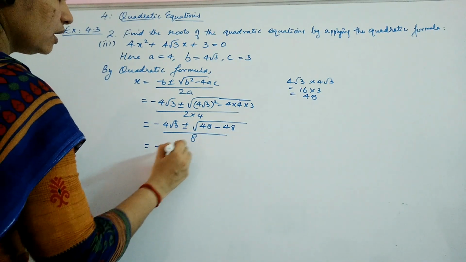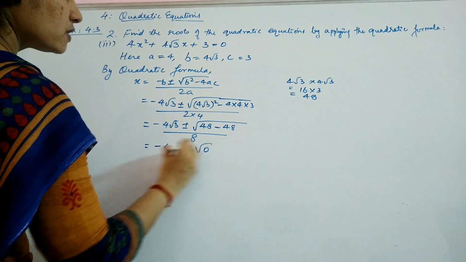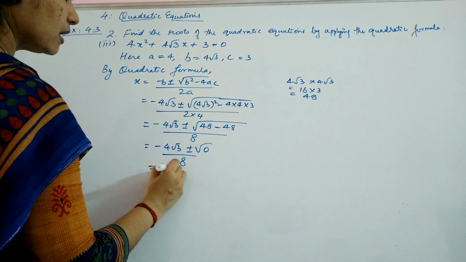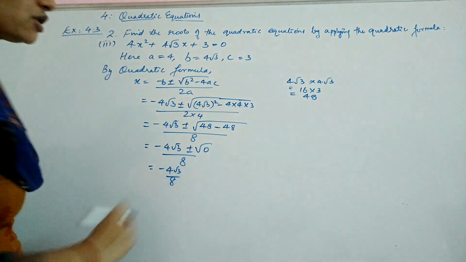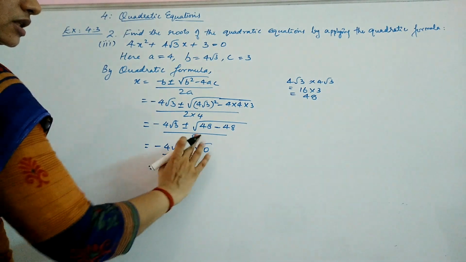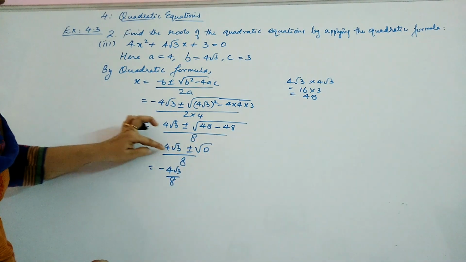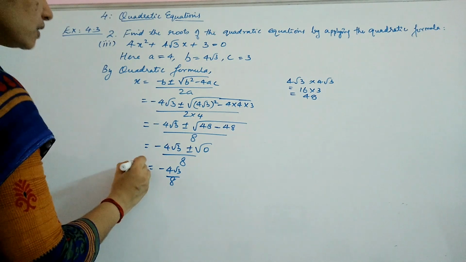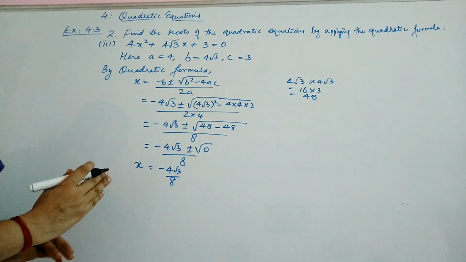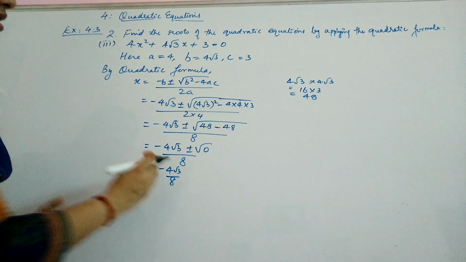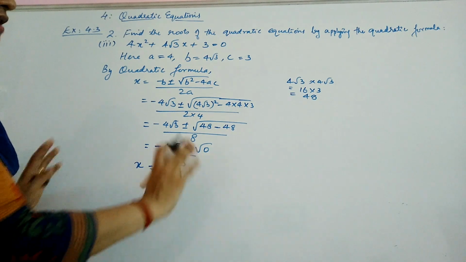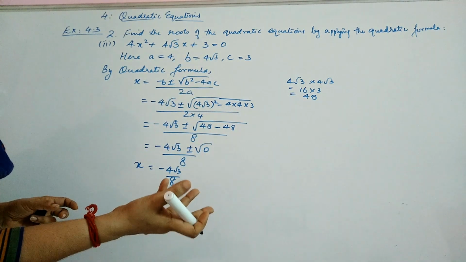Minus 4 root 3 plus or minus root of 0 by 8, that is same as minus 4 root 3 by 8, plus or minus 0 is 0 itself. So this term is going. You are getting only minus 4 root 3 by 8. But the meaning of this is, you are getting a double root. Double root means the same value repeating. As we get a whole square, we have two values like that.